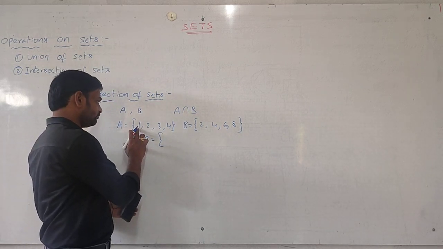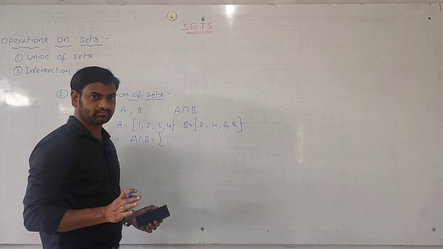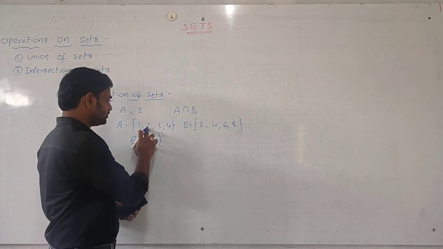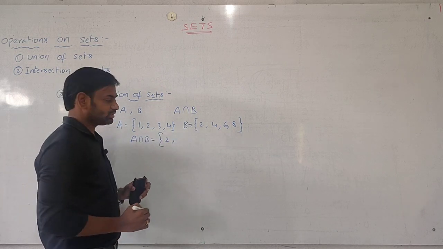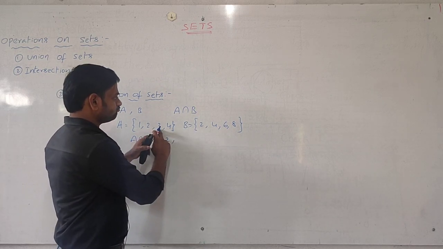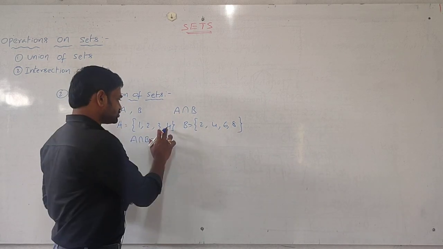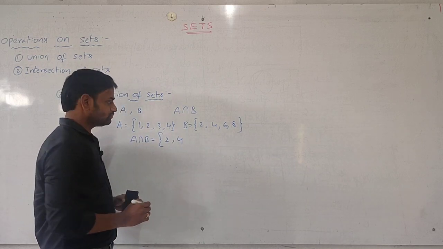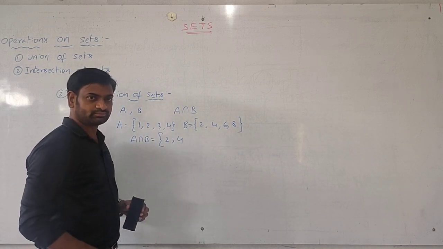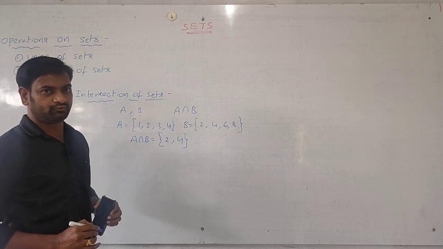See here 1 is there, here 1 is there, no, don't take that. Which are common, here 2 is there, here also 2 is there, so we can write. Next, here 3 is there, here 3 is there, no, don't write. Next, 4, here 4 is there, 4. Anything else here? No. So only the common elements are 2, 4.